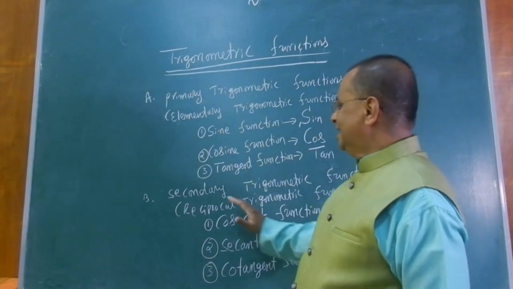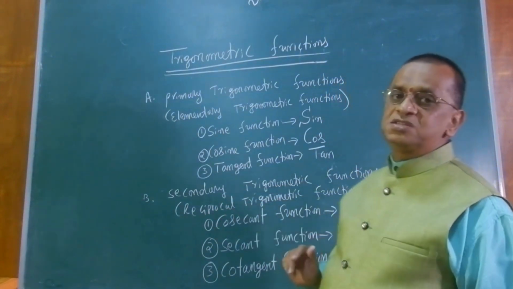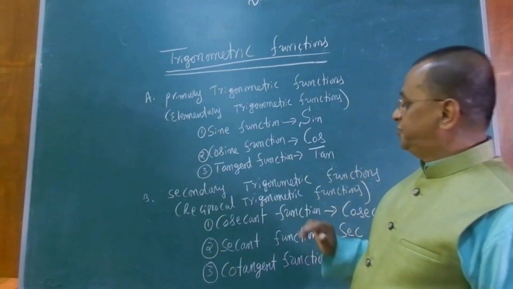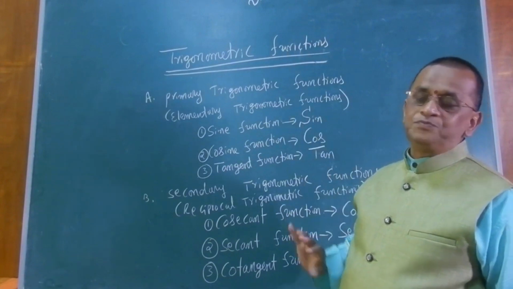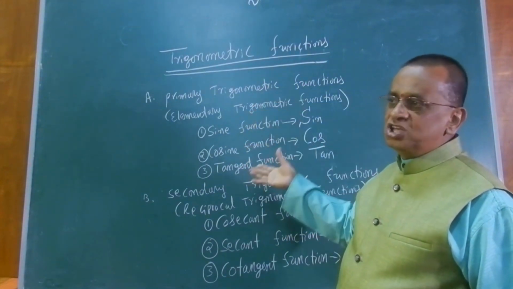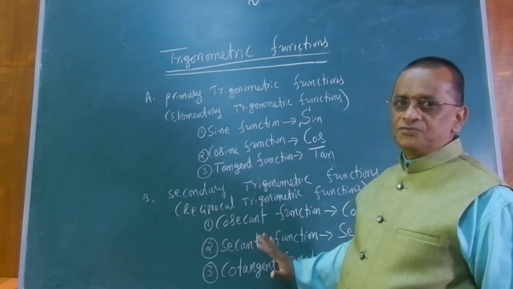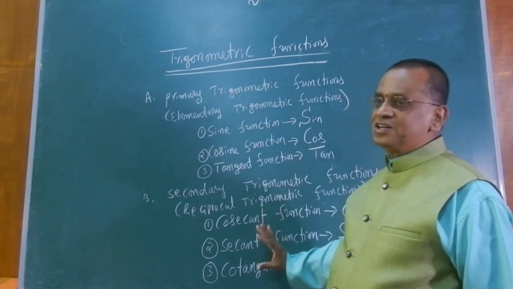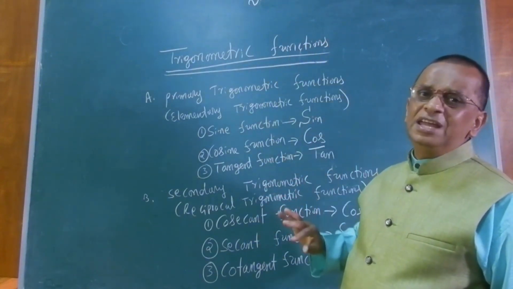We call secondary trigonometric functions reciprocal trigonometric functions because they are respectively reciprocal. Primary trigonometric functions are respectively reciprocal to secondary trigonometric functions, and secondary are respectively reciprocal to primary.